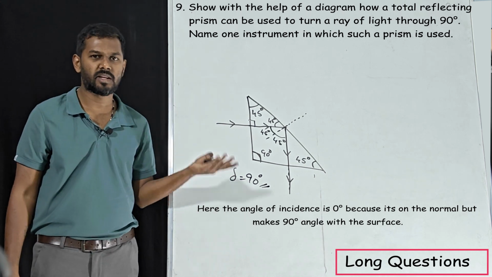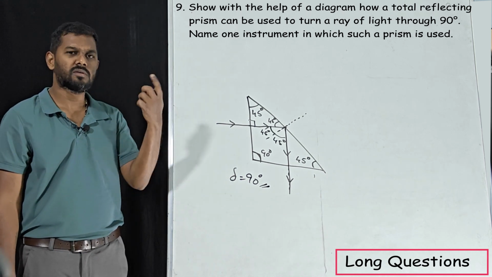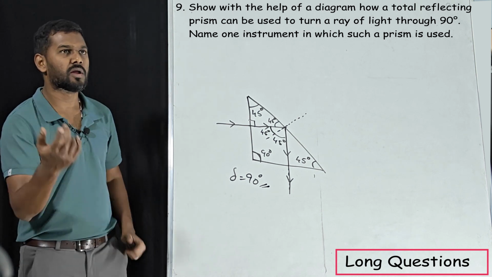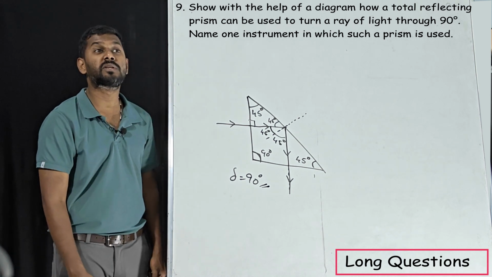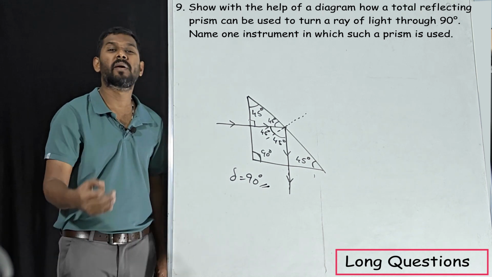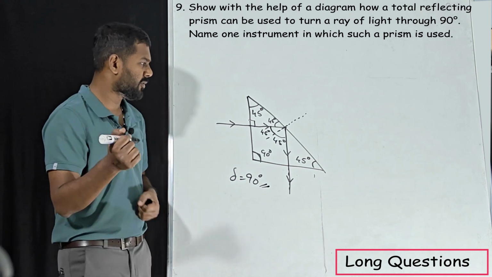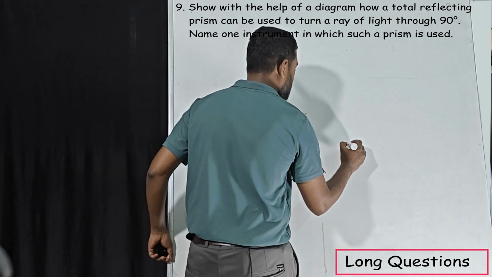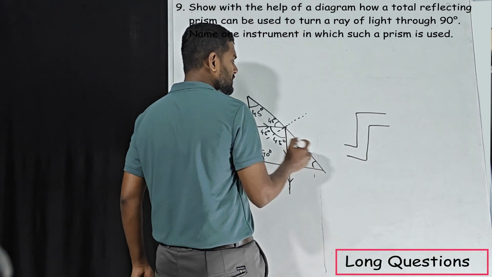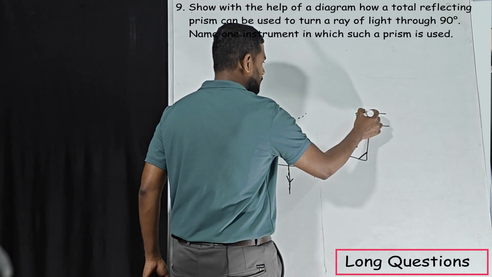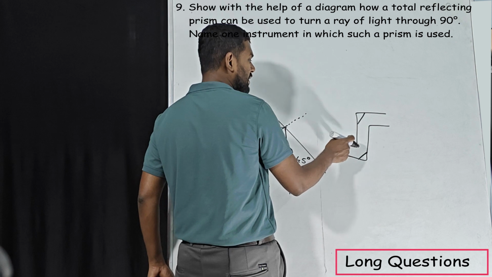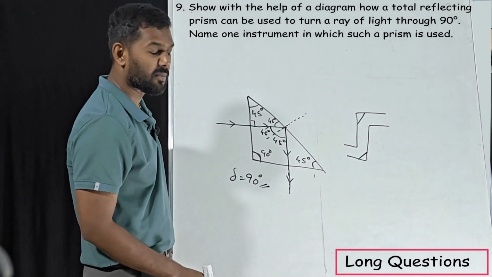All these things we have learnt in the concept video also. Here also, just make sure your knowledge is getting stronger. Next, we are asking for one instrument where we are using this kind of prism. Periscope. See, if you don't know periscope, that means you have not seen the concept video. It will be like this. So here we are going to place the prism. If you place it like this, we use it in submarines.